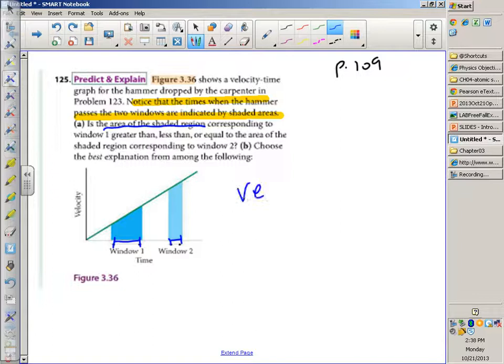Last week, we talked about that on a velocity versus time graph, the area under the curve, that's the area between the x-axis and the graph itself, the parts that are shaded right there. It told us something.